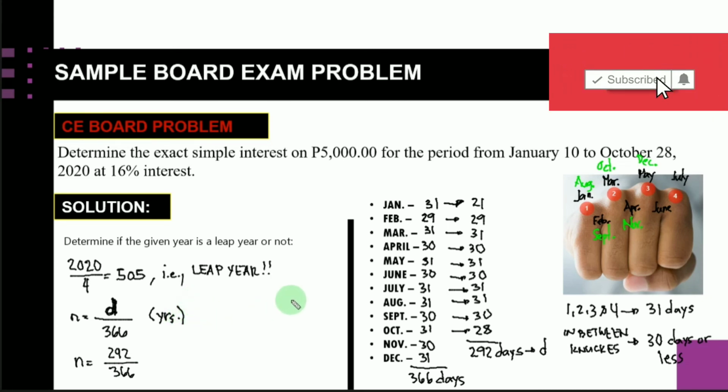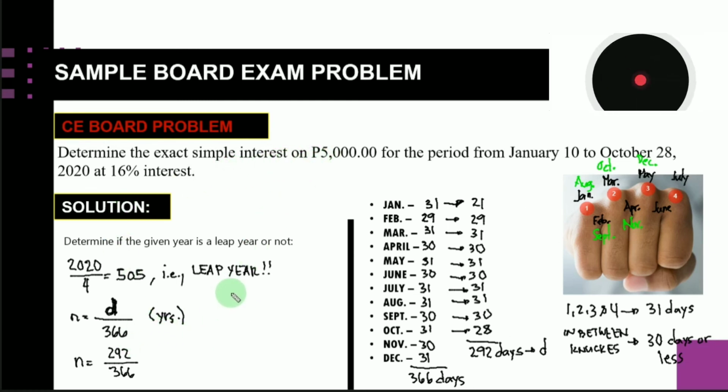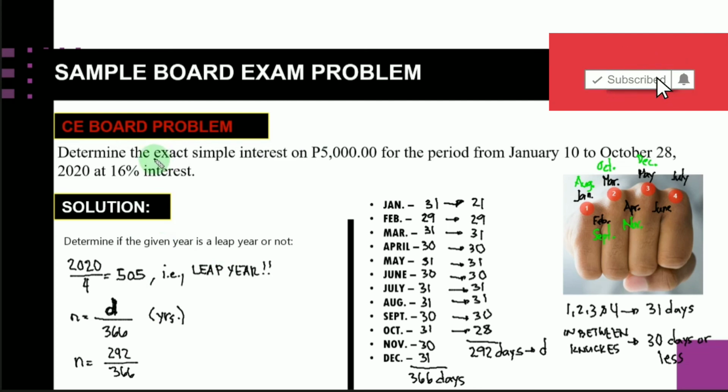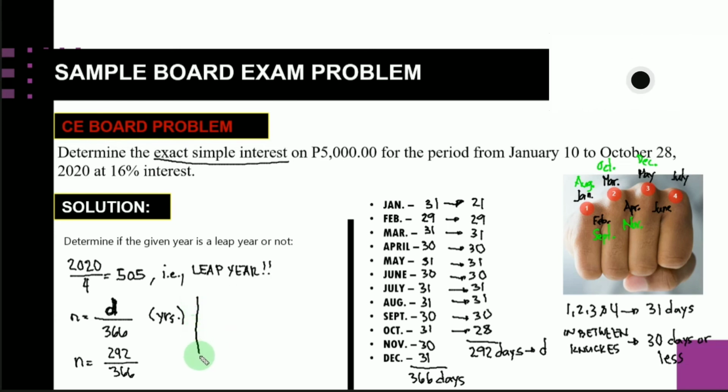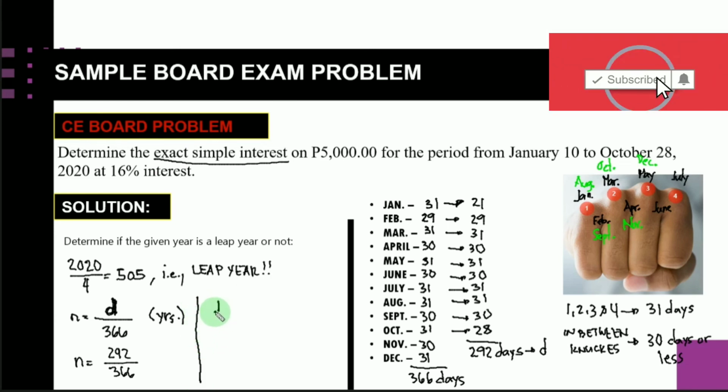After that, since this 5,000 is given, and we are only after the exact simple interest, by formula we have I, which is our exact simple interest, equal to P times n times i.